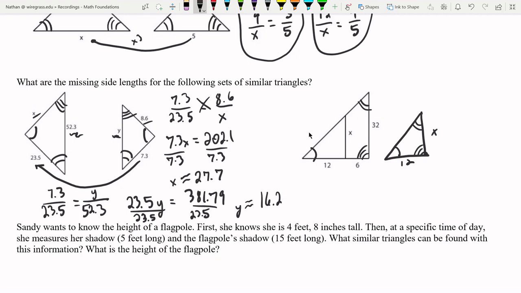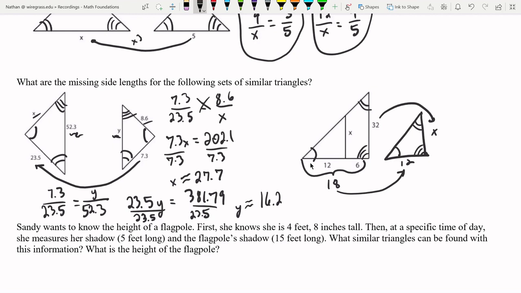So this bigger triangle has, it says, this is 6 and this is 12, which means that this full side here is 18. And this side here is 32. So 18 and 12 are related, and 32 and x are related. So just important to realize what we're talking about. The triangles could be overlaid like this, but it's still just two triangles that are similar.